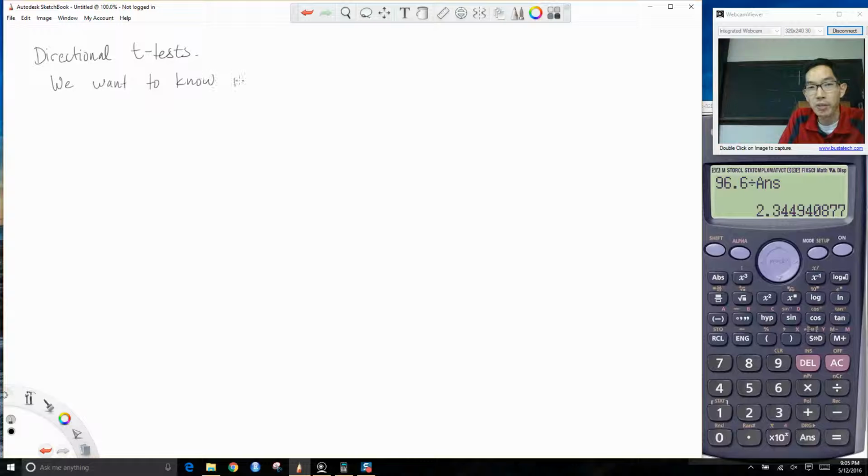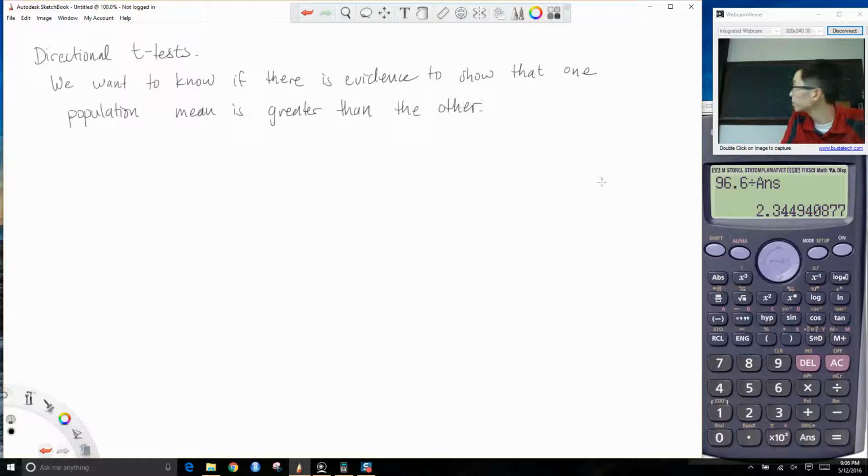We want to know if there's evidence to show that one population mean is greater than the other.